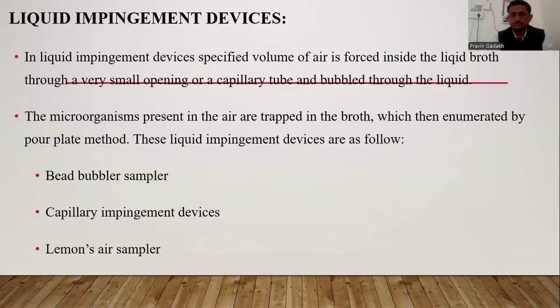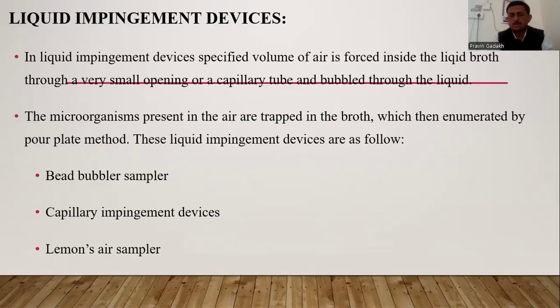The mechanism or requirement for liquid and solid impingement devices is somewhat similar. We have to force the environmental air inside the assembly we have designed for the impingement devices, through a small opening or capillary tube and bubbler, through the liquid.